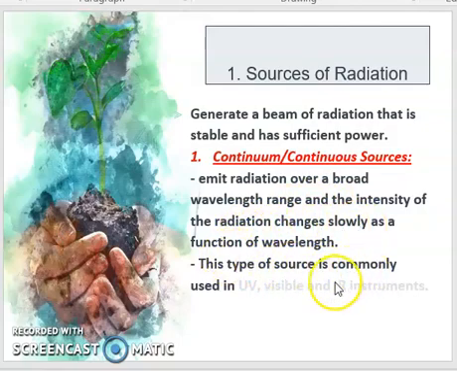This type of source is commonly used in UV, visible and IR instruments. So continuous source is normally used in UV spectroscopy, visible ataupun UV-visible spectroscopy and infrared spectroscopy.